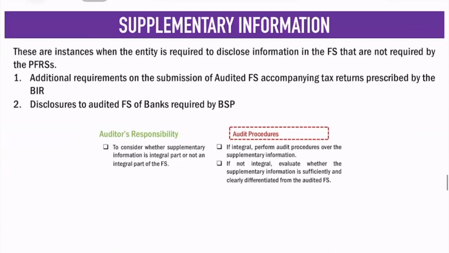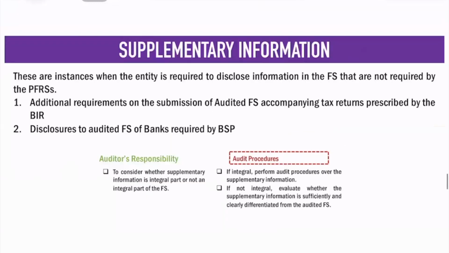Now let's look into supplementary information. What is supplementary information? We said there is other information presented together with the FS: you have your supplementary information, and then we have your other information. Let's start first with supplementary information. These are instances when the entity is required to disclose information which is not required by the standard or PFRSs.